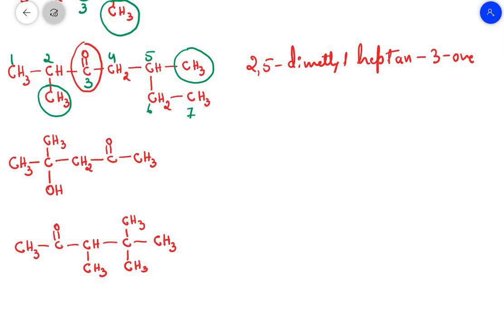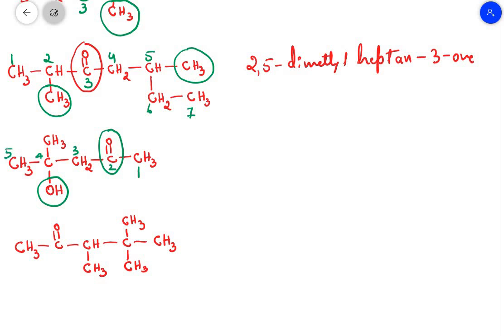In the next example, numbering has to be done in such a way such that the carbonyl group should be getting the lowest number, because we are having here OH group also, and this OH group is acting as secondary functional group, and numbering is done from right hand side, 1, 2, 3, 4 and this becomes 5.